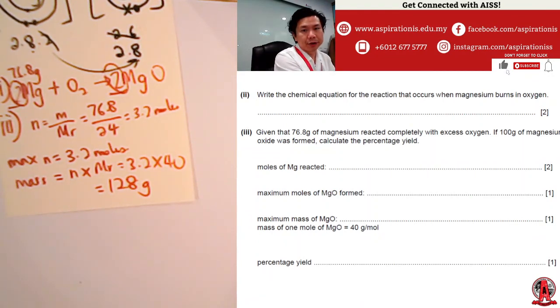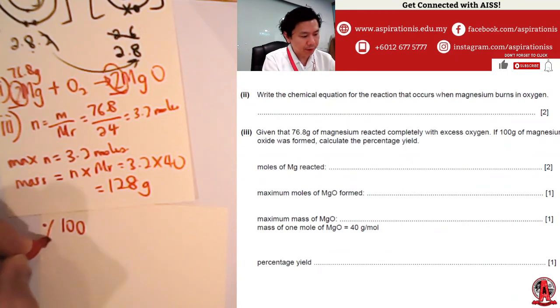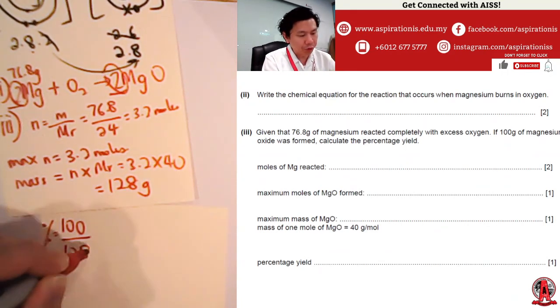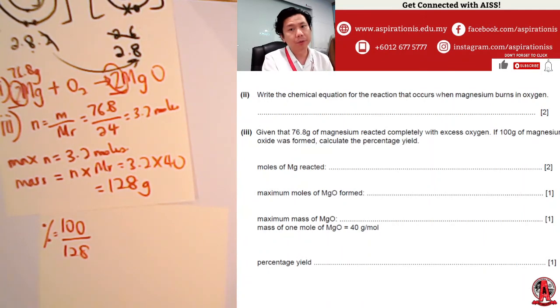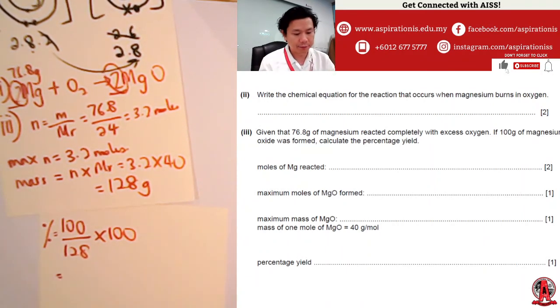So what is the percentage yield? So the percentage yield is the mass that you got in the lab, which is 100 grams, over the maximum theoretical mass that could have been obtained, and you multiply it by 100. That's the formula of percentage yield.